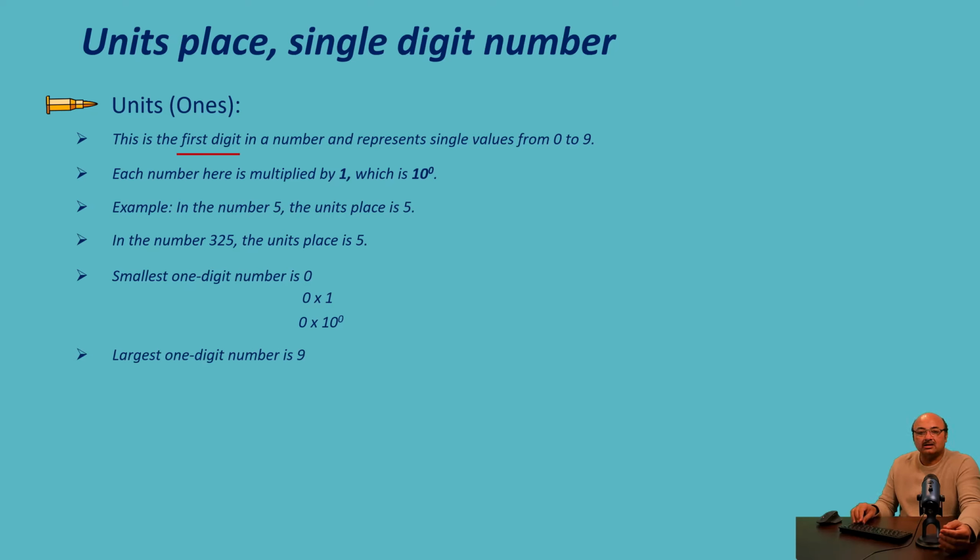Look at 9 also. Do the same thing. Imagine 9 being multiplied by 1, or 1 being represented as 10 to power 0. I'm sure in the elementary classes we have all studied, and you must remember, any number to the power 0 gives you 1.